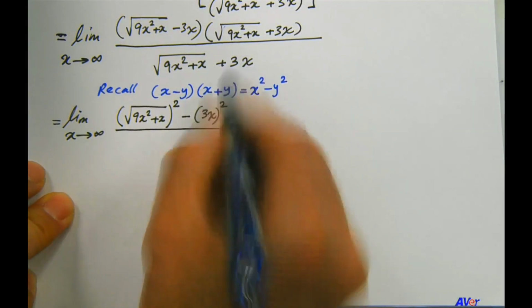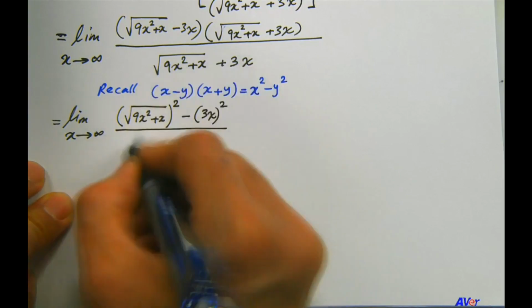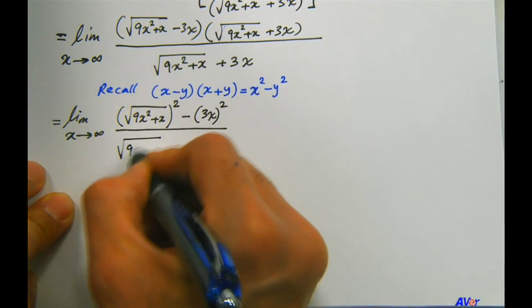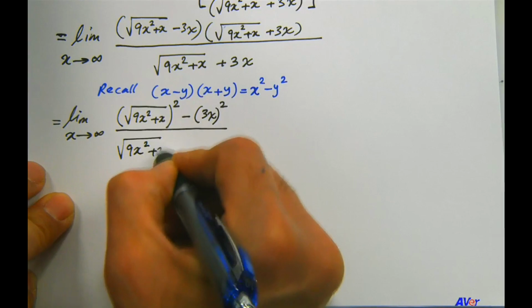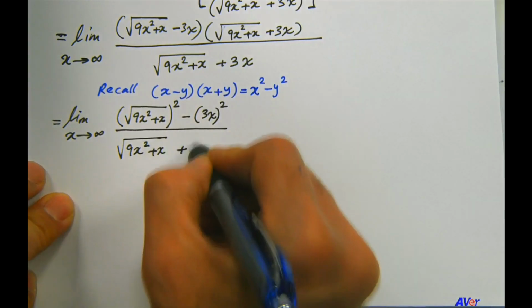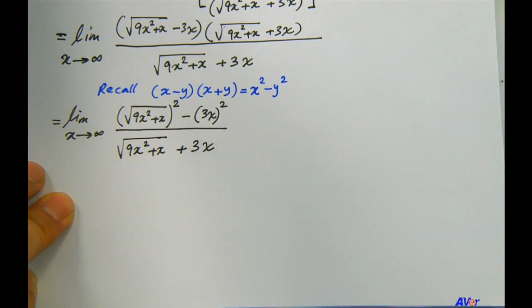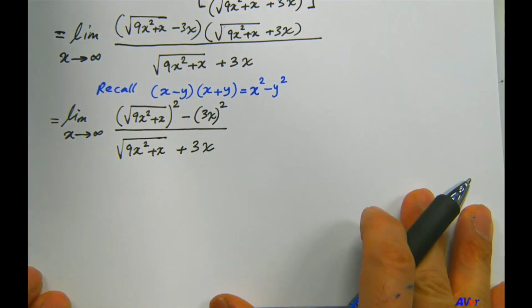All of that divided by this denominator. So square root of 9x squared plus x plus 3x.